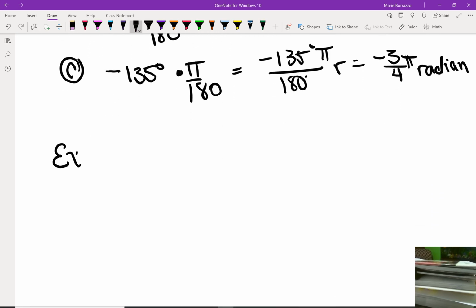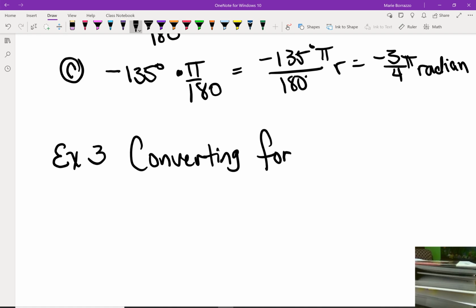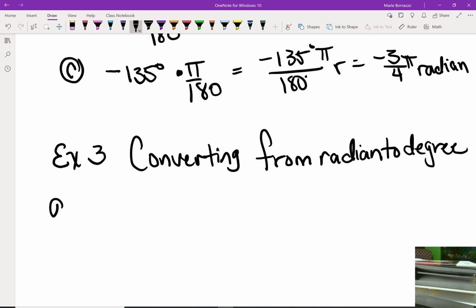Example 3. This time we're converting from radian to degree. In this case, they're going to give you, for example, pi over 3 radian.